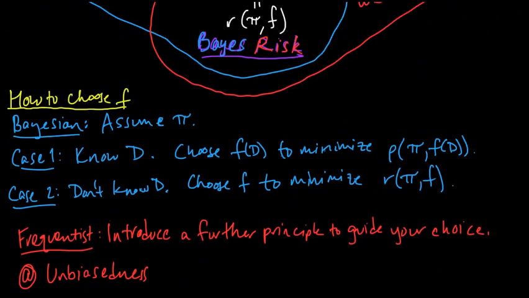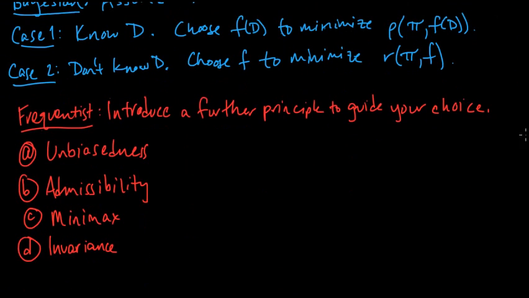Theta could take any range of values; notionally, we could draw theta as if it took values on the line. Theta is really taking values in some abstract set, capital Theta, but if you could visualize this, and in some cases it does take values along the line, for any given choice F, you get some risk function.